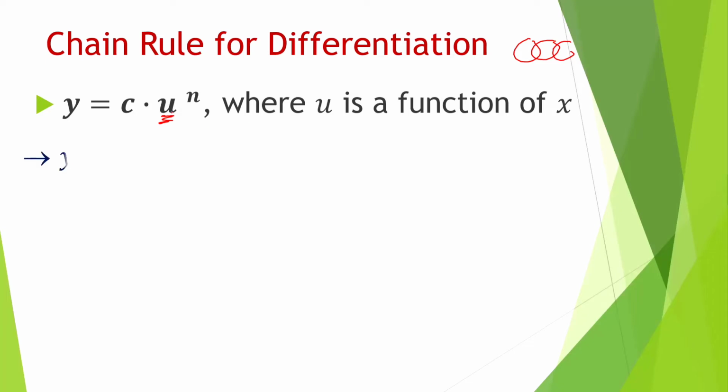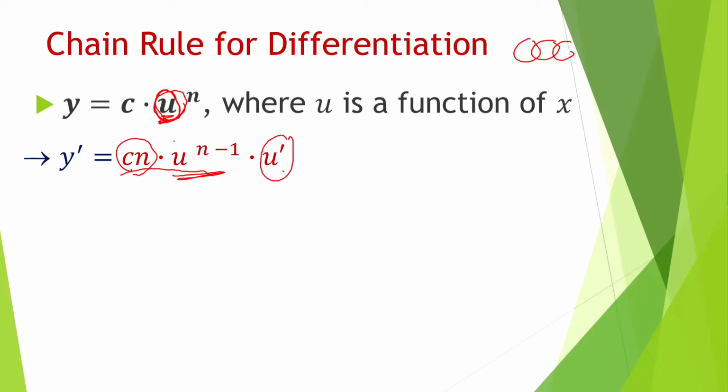Instead of just having cn u to the n minus 1, the multiply and subtract, since this is still differentiable, meaning you can still get its derivative, it's possible that it has a derivative not equal to 1, so you need to multiply the derivative of the inside function.